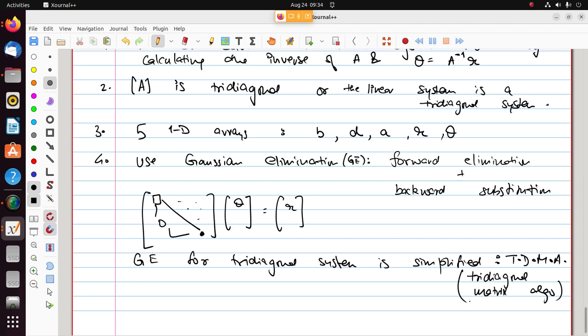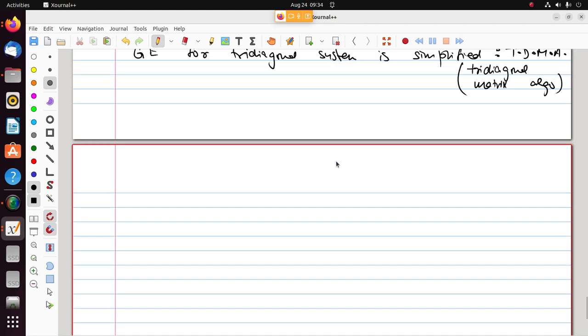So if you see the word TDMA written, don't get intimidated. It's simply Gaussian elimination applied to the tridiagonal system. So I'll just write a homework here: revise.